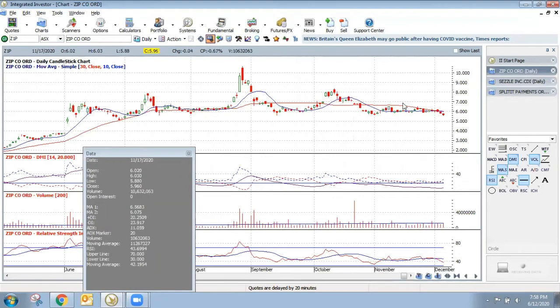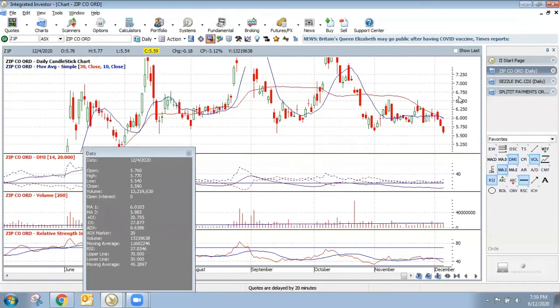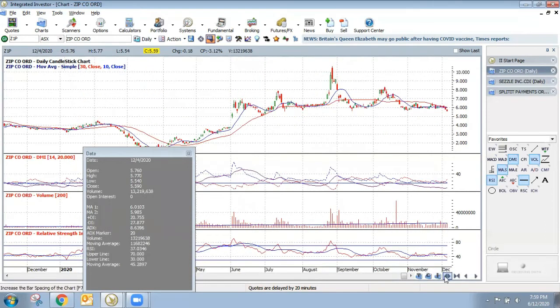I'm going to remove these daily averages, but as you can see, these lines are on a decline, and I'll enlarge it so you can really see it. The red line here is the 30-day moving average. That's declining. The blue line is the 10-day moving average. That's declining. So they're both declining, and the share price is trading below that. So that's one thing to keep in mind there too. Next thing to look at.